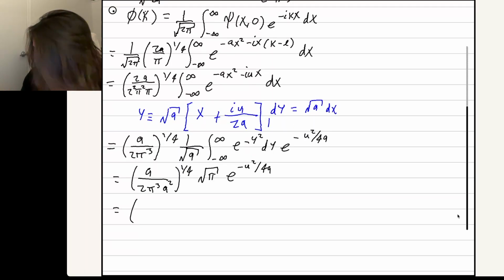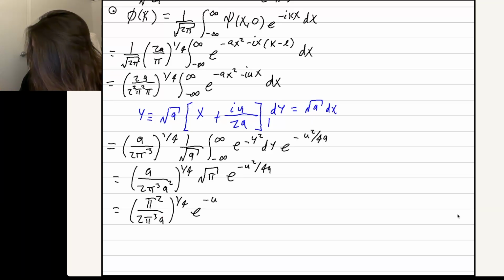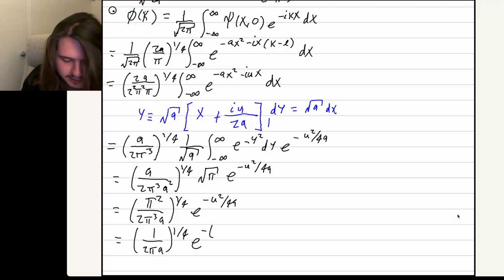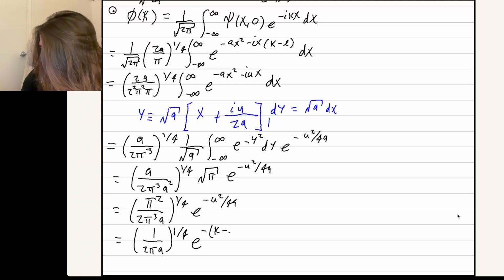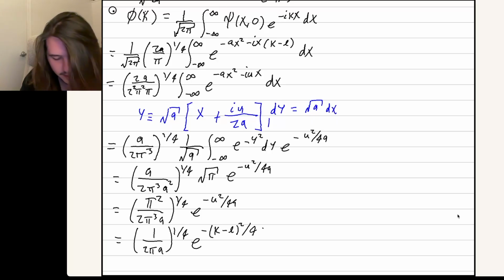So continuing to simplify, we've got 1 over, actually pi squared, moving the root pi in there, over 2 pi cubed a to the 1/4, then e to the minus u squared over 4a, and then we'll finally write it as 1 over 2 pi a to the 1/4, and this is e to the minus, and I'll expand the definition of u for the last step. It's k minus l squared over 4a. That's not too terrible.